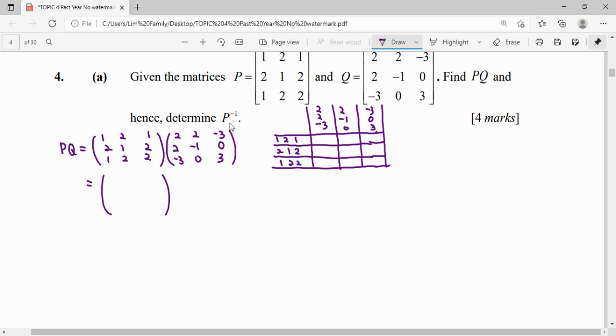So here we'll get 3, 0, 0, 0, 3, 0, 0, 0, 3.